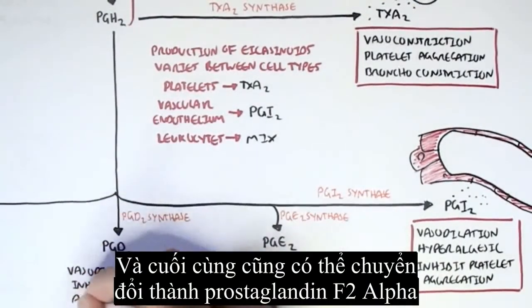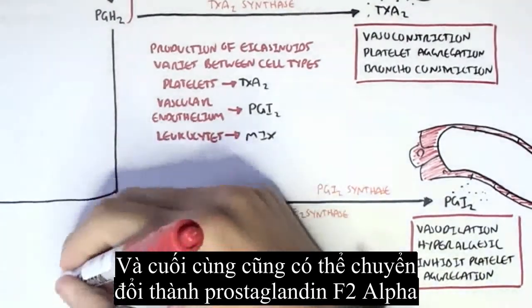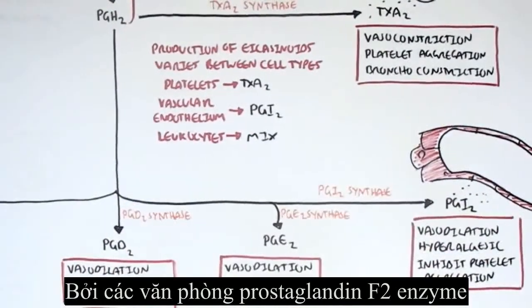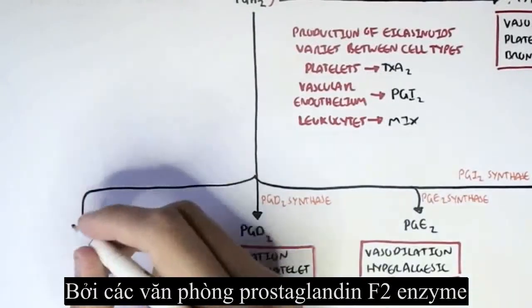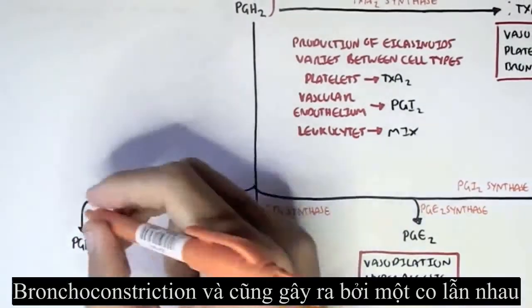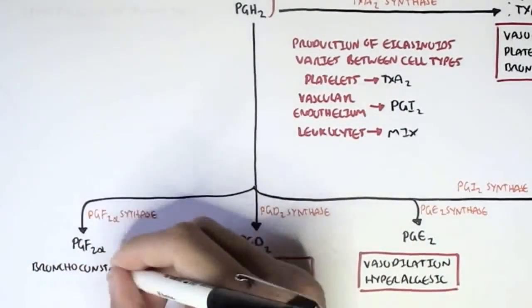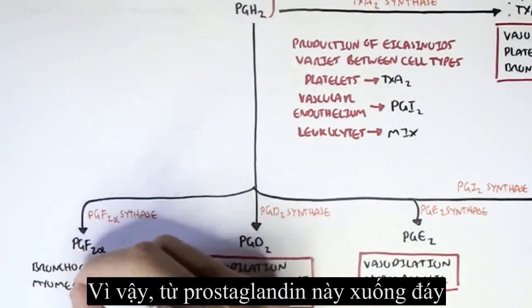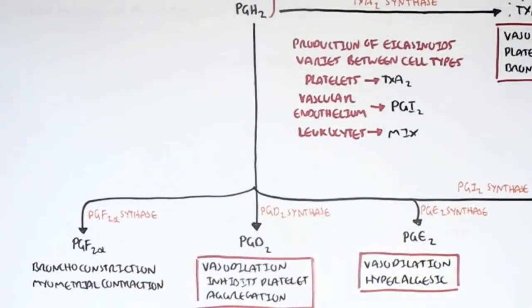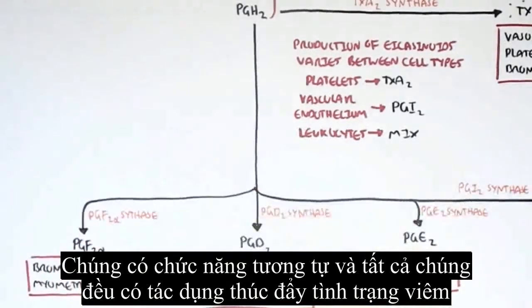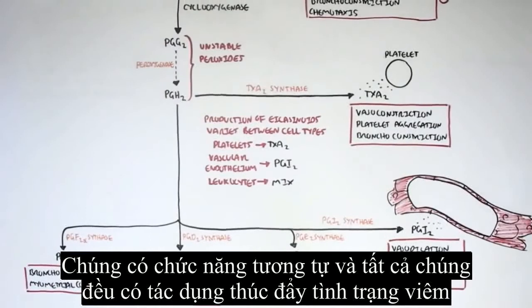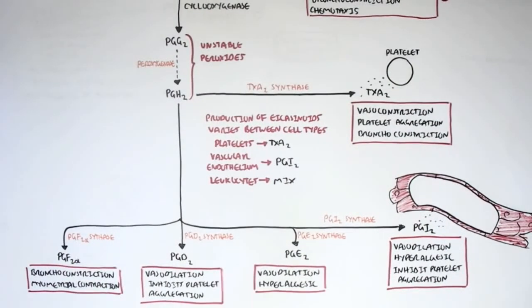And finally, it can also convert to prostaglandin F2 alpha by the enzyme prostaglandin F2 alpha synthase. This causes bronchoconstriction and also causes myometrial contraction. So from these prostaglandins down the bottom, you can see how they have all similar function, and they all essentially promote inflammation in a way.